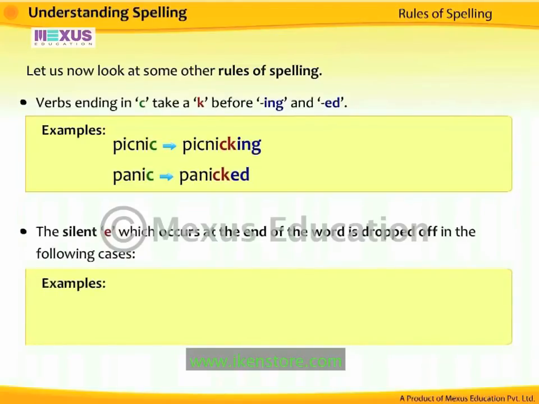The silent E, which occurs at the end of the word, is dropped off in the following cases. For example, R-H-Y-M-E, rhyme, becomes R-H-Y-M-I-N-G, rhyming. And R-E-A-L-I-S-E, realize, becomes R-E-A-L-I-S-I-N-G, realizing.